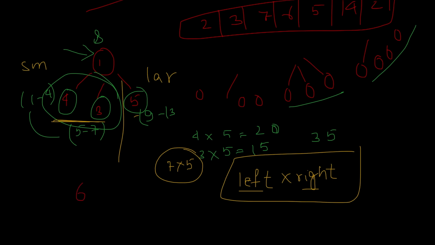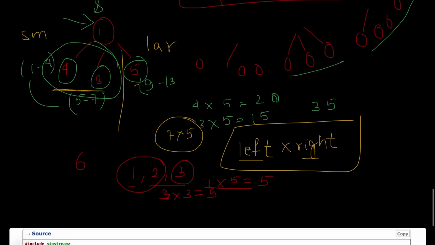Let's say the sum is 6, and the numbers are 1, 2, 3. One way is to multiply 1 with 5, that is 1 into 5, which gives 5. Another way is to multiply 3 into 3, which gives 9. That is what we are doing here. We are dividing the whole thing into two halves, and both halves are comparable. 3 and 3 are comparable, their difference is minimal, whereas 1 and 5 have a higher difference.